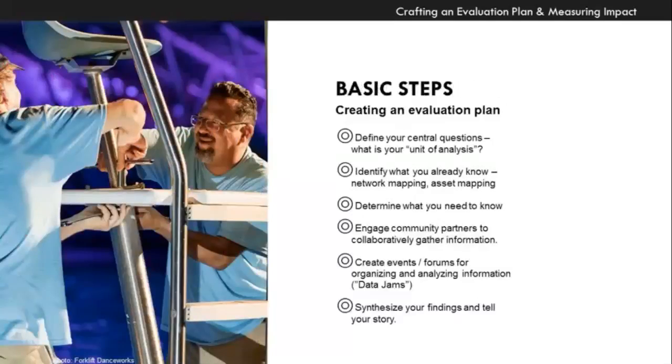This is important because creative placemaking projects are complex, and what you are understanding will change as the nature of the project happens and evolves. But it's very important to have a clear sense when you first start. Now, in research, we talk about it as identifying a unit of analysis.